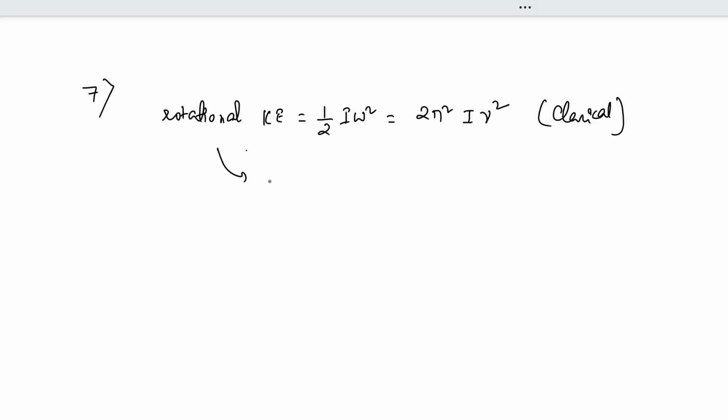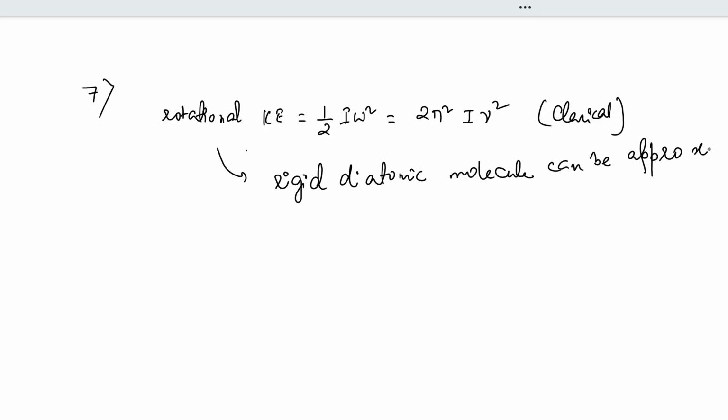you can treat this rigid diatomic molecule as a rotor. As a quantum mechanical rotor, the energy is L square divided by 2I.